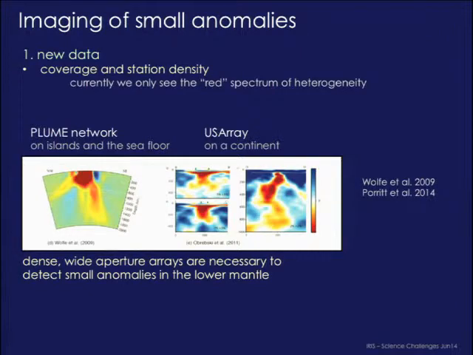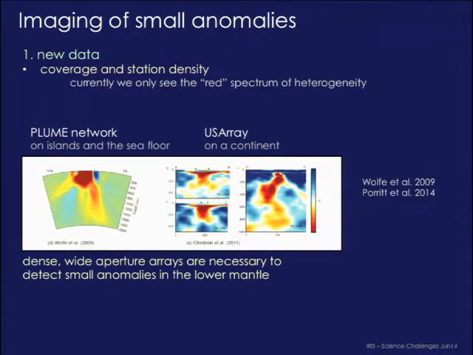So first off, new data, and something that we emphasize in our group, and that will also be emphasized by other groups, is coverage of the seismic networks on the globe. So far, we mostly have our seismological stations on continents or on islands. We have yet to cover the oceans in a comprehensive manner.